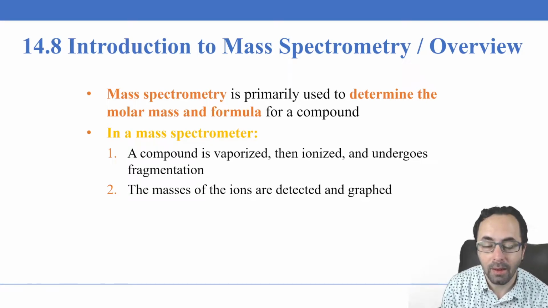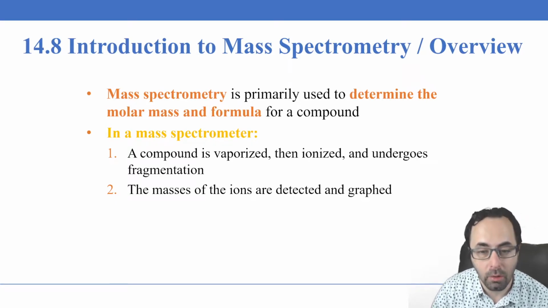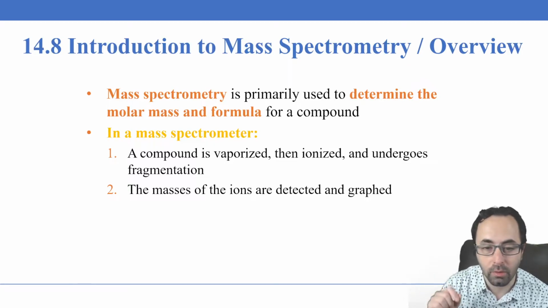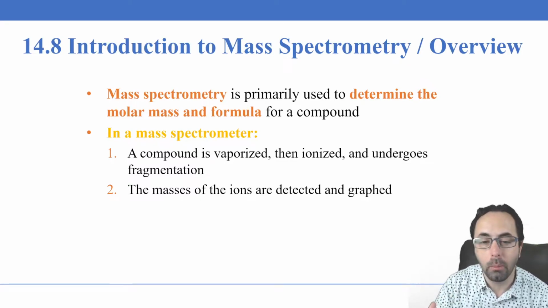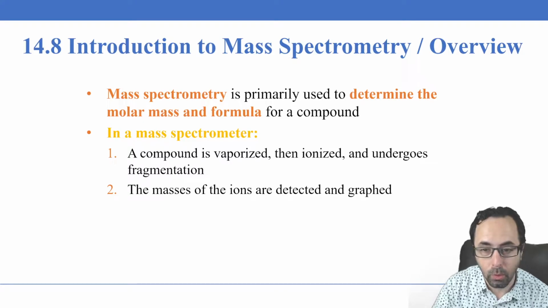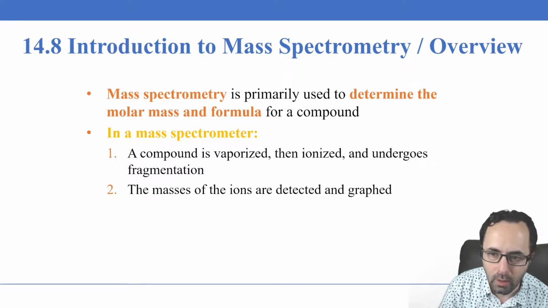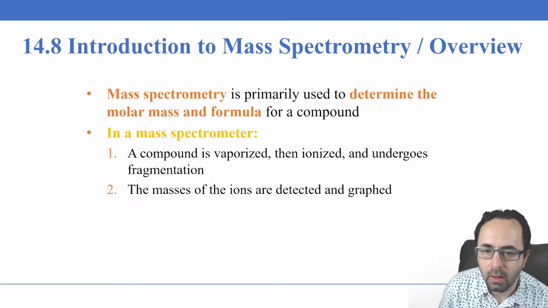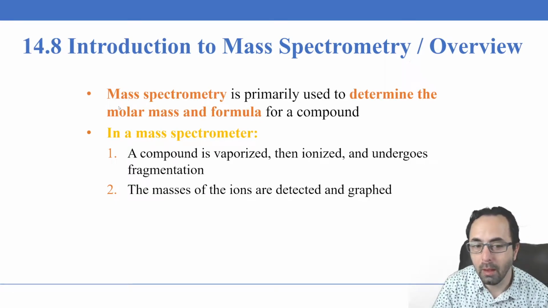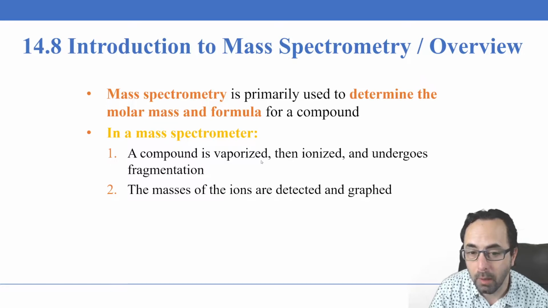So we can get an idea of the complete construction of the molecule, not just what individual types of bonds are there, but how the molecule was put together, which atoms were bonded to what other atoms altogether. So it will tell us the molar mass and the formula for the compound.